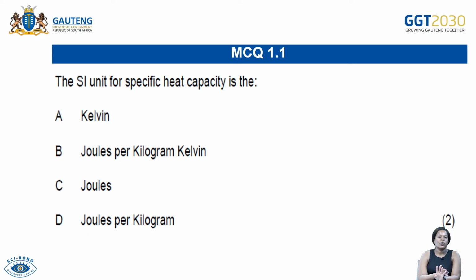The first one says the SI unit for specific heat capacity is. Bear in mind there is a specific heat capacity that is different for any type of matter that exists.